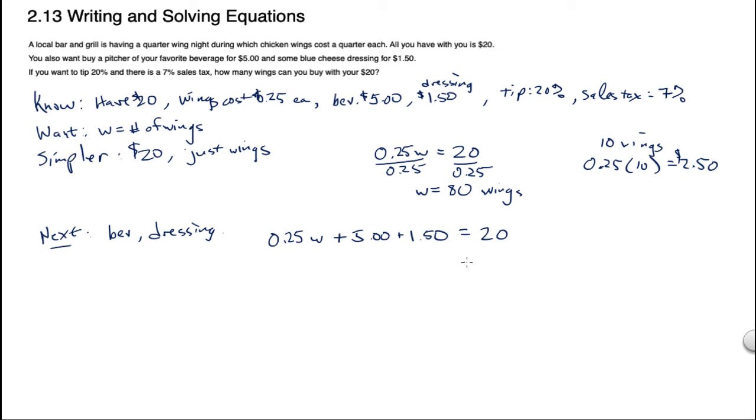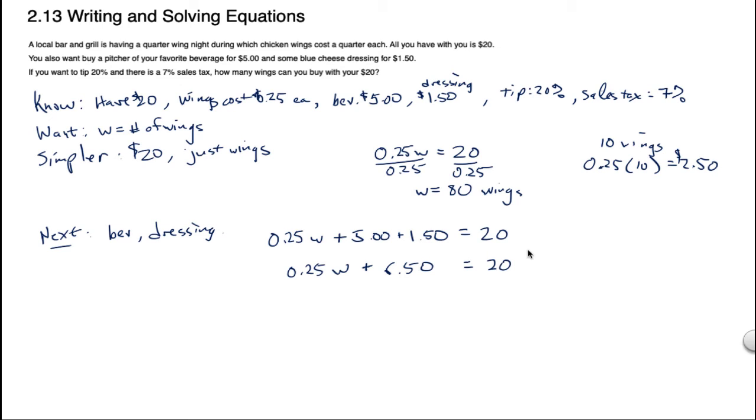Combine all that together. Notice when I solve equations, I try to line up these equal signs as best I can, so I can do a little bookkeeping and keep track of what I'm doing. So anyway, $5 and $1.50, that's $6.50, plus our calculation for 25 cents times the number of wings.